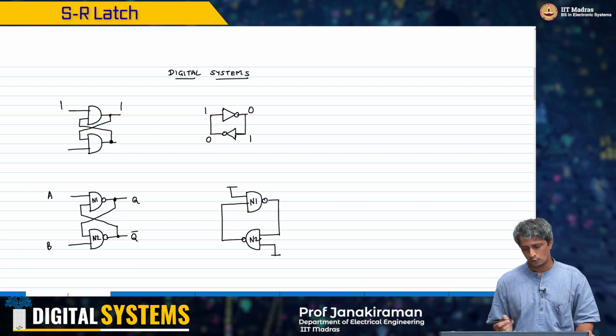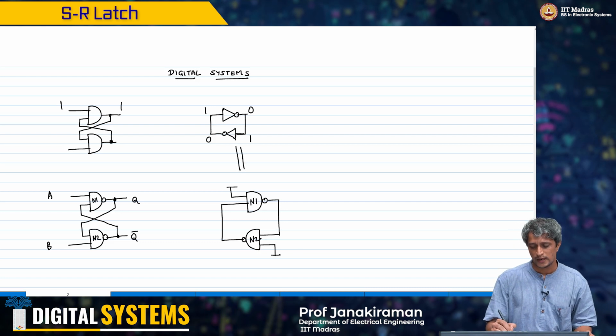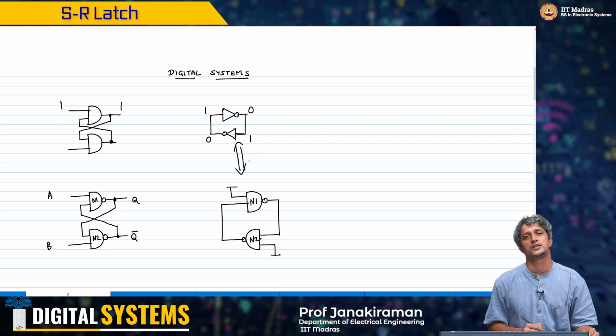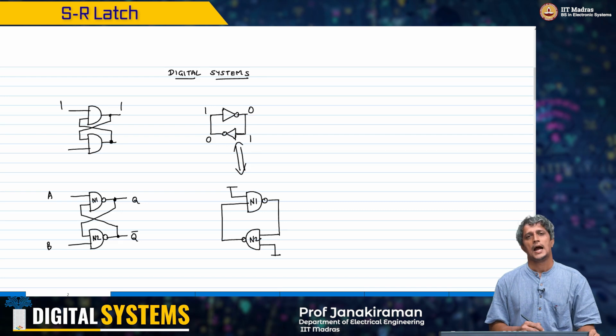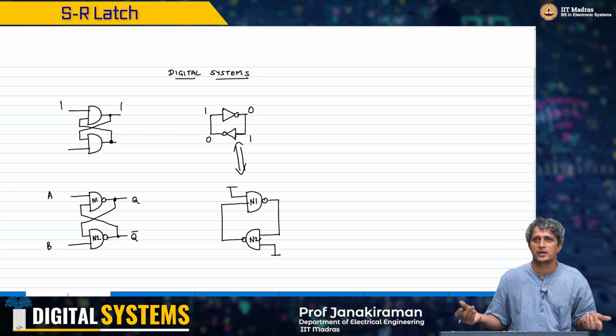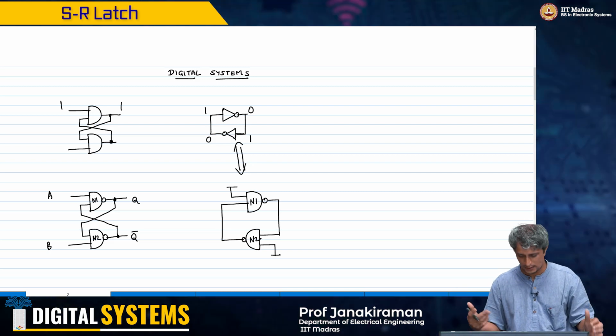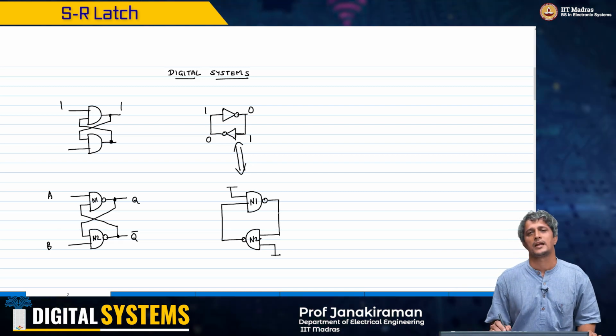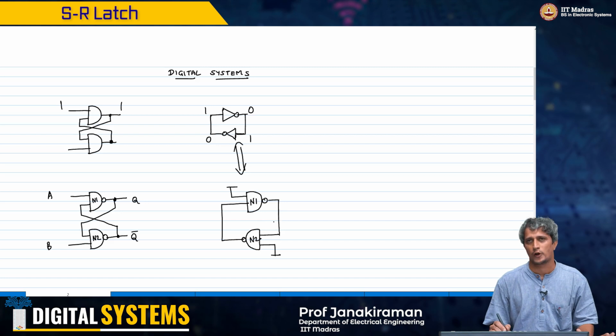Now you see that this is very similar to the cross coupled inverter structure. In fact, the NAND gates N1 and N2 are going to behave like inverters when the other inputs are tied to 1, and therefore this can definitely hold the state for us.